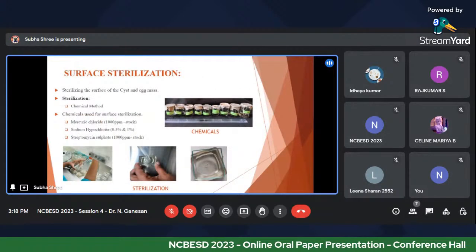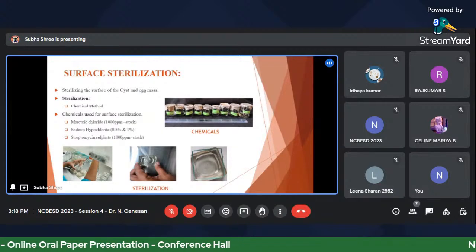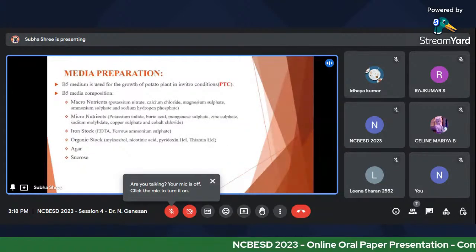Then surface sterilization was done using three chemicals: mercuric chloride, sodium hypochlorite and streptomycin sulfate. These chemicals were used in 23 treatments.